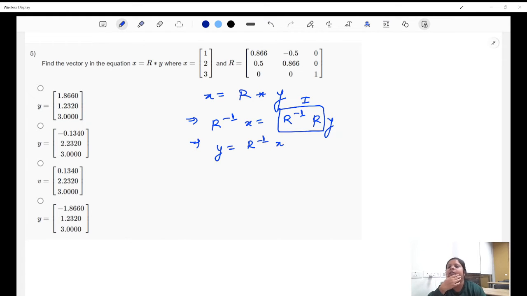See the determinant. What is the determinant that you're getting? Is it somewhat close to one?